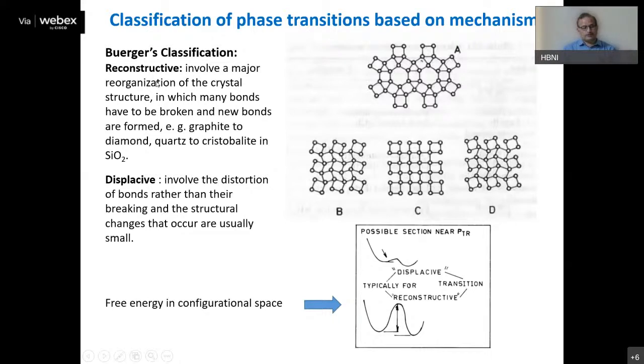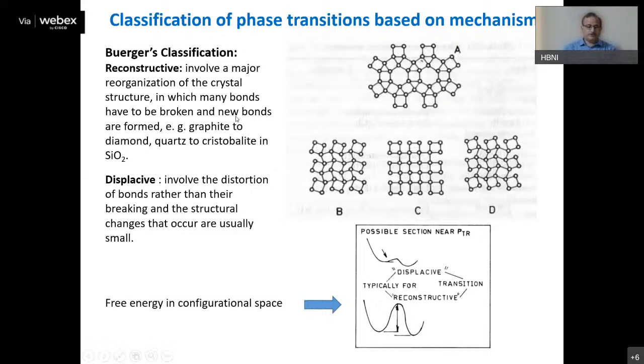A reconstructive phase transition involves a major reorganization of crystal structure in which many bonds have to be broken and new bonds have to be formed. For example, the graphite to diamond transition, or the quartz to cristobalite transition in SiO2. These are examples of reconstructive phase transitions.